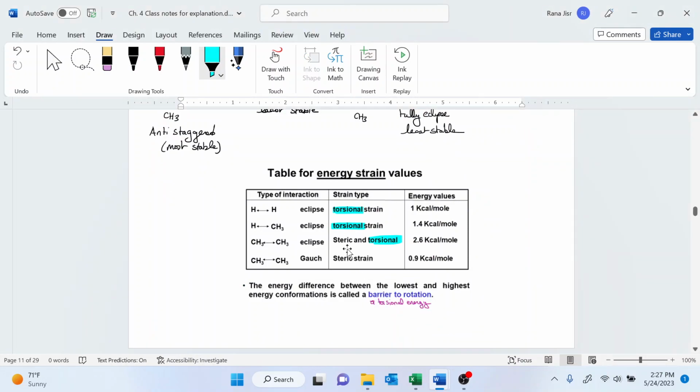Other than that, you just assume that it is one carbon, and this is the energy value for it. If you have CH3s that are eclipsing each other, this is going to be a torsional strain. But on top of that, because the CH3s are big groups compared to the hydrogen, we also have steric strain. So you have two types of strain, steric and torsional.